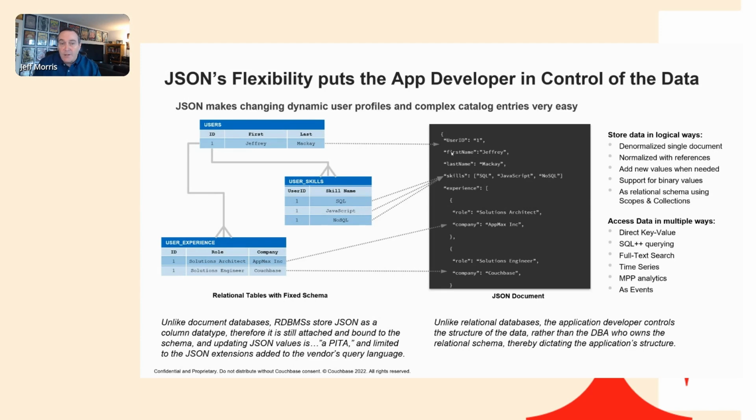You can just make the change and move forward. So it's highly, highly flexible in terms of what you can do with your data. And again, the developer remains in control of that. And it's accessible from a number of different data access patterns, whether it's that direct key value I mentioned, query it via SQL, query it via search capabilities, query it as time series data. All of these are available to you.